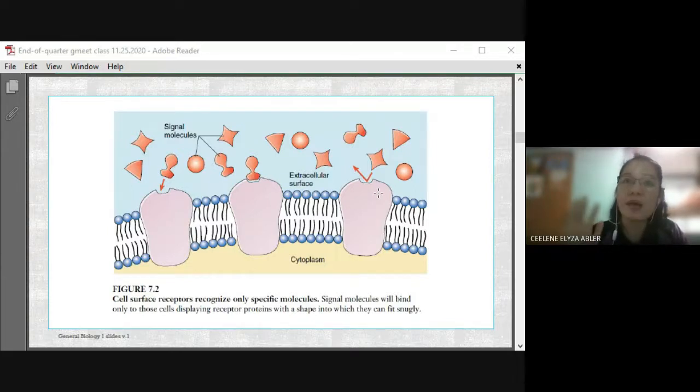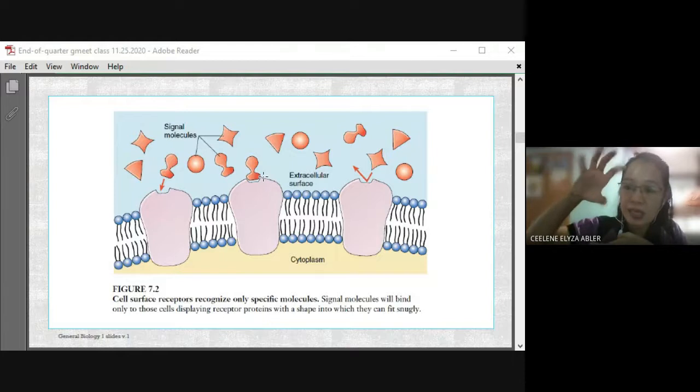And the original variant is not very good sa shape na ito, sa pag-conform sa ACE2 na enzyme. But later on, we have several variants na nag-mutate, and they actually are very good at holding on to the ACE2 receptor.